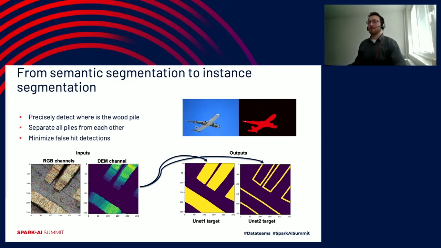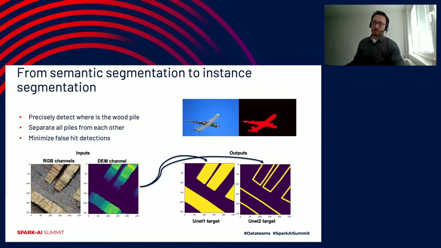Basically, semantic segmentation identifies where is the wood and where is not the wood, like what pixels are related to wood piles and what is the rest, basically the roads, objects, buildings, etc. So by semantic segmentation, we can identify all objects that are representing wood piles.